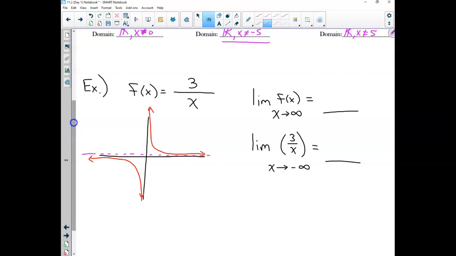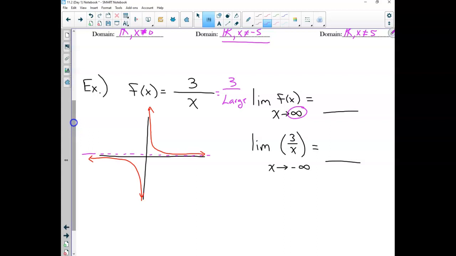And so what I'm thinking of whenever they're asking where is the horizontal asymptote, I need to think of an end behavior. I need to think, as x gets really, really big, what happens to this when I put a very, very large number into this? Well, what happens if I take the number 3 and divide it by something that is getting bigger and bigger and bigger?